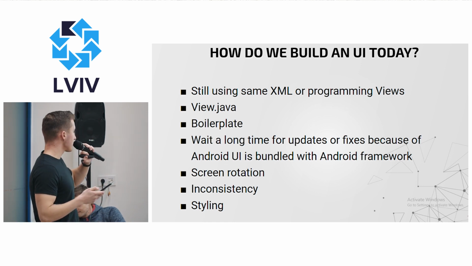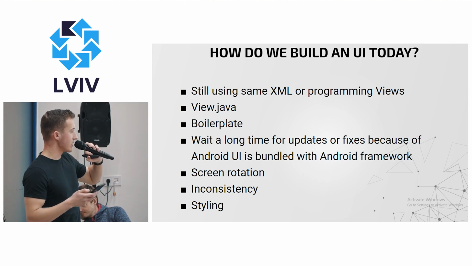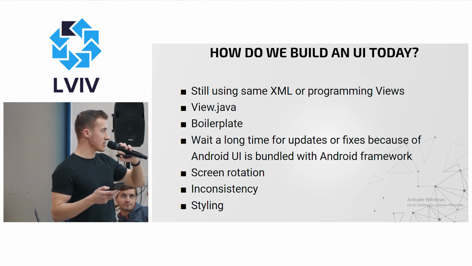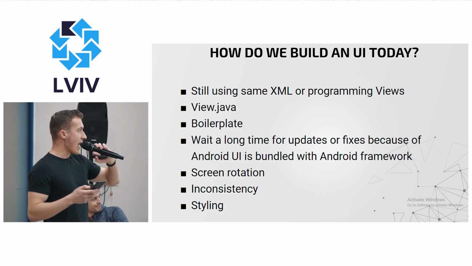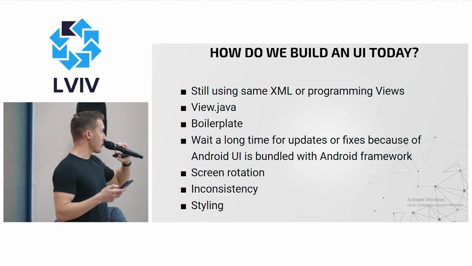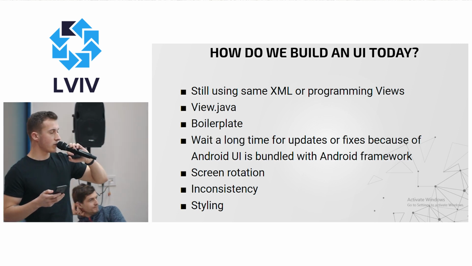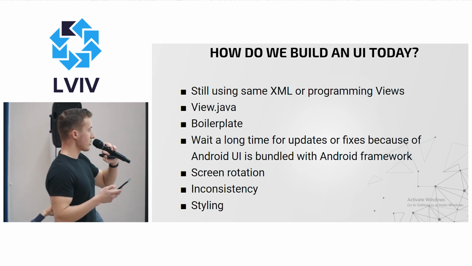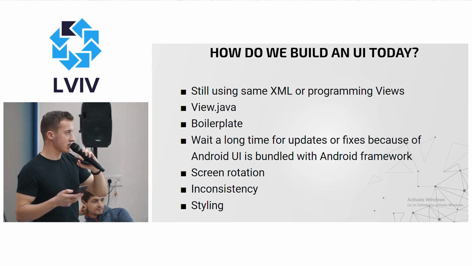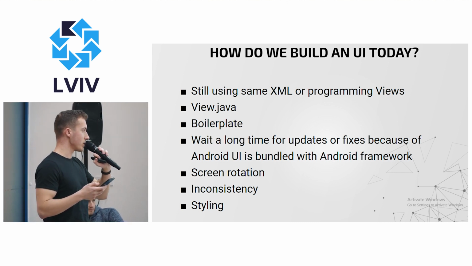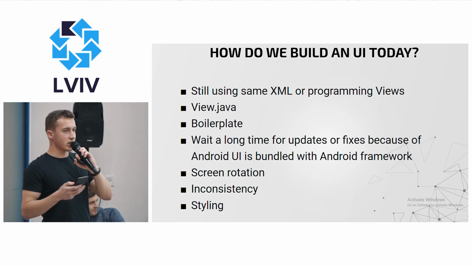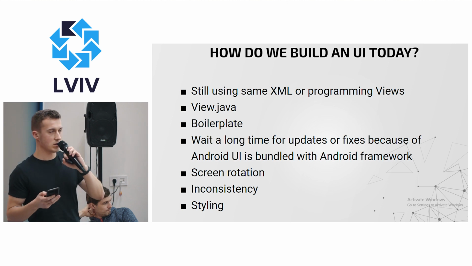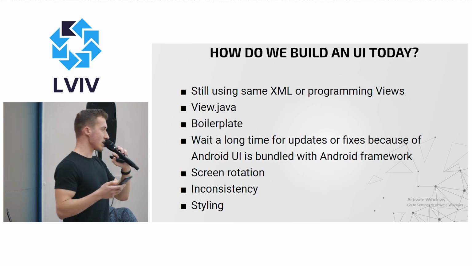The second thing is that the Android UI toolkit is tightly bundled with the Android framework today. And what's the problem with this? For example, we don't really get toolkit updates often or bug fixes from Google, because we actually need to update the Android version, or actually Android itself.